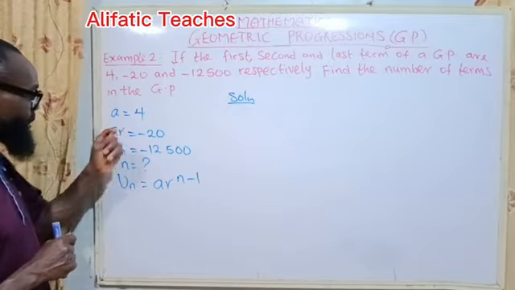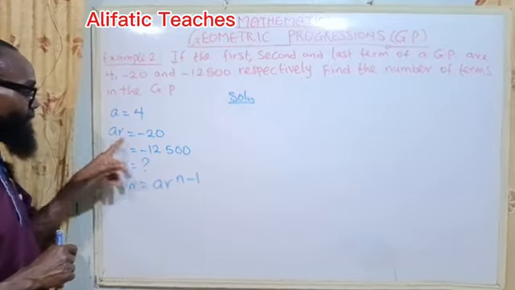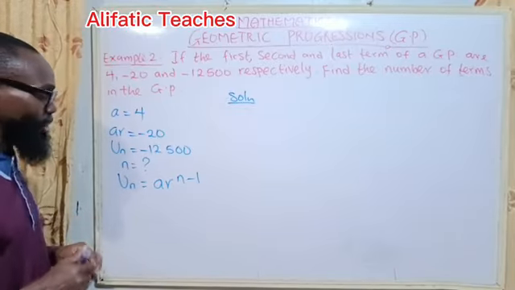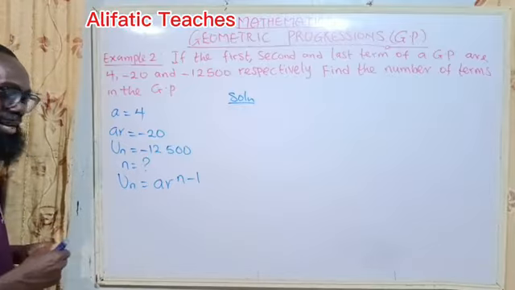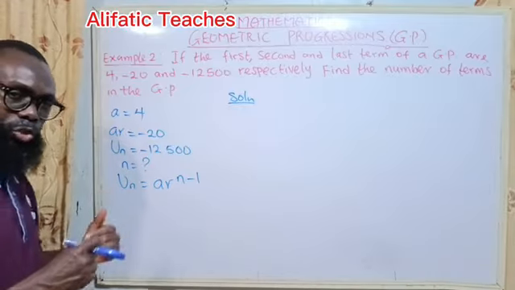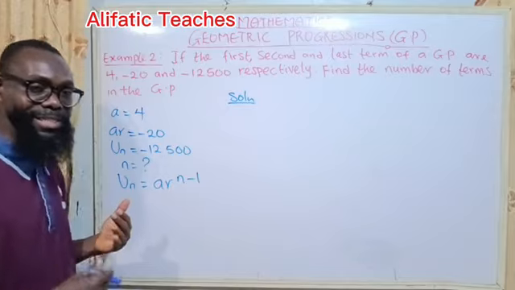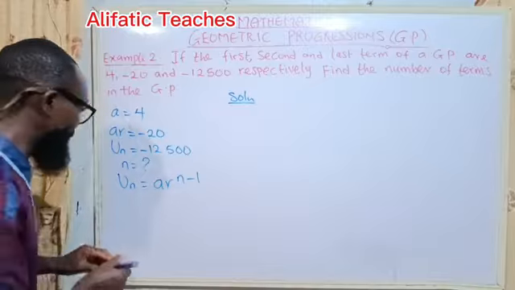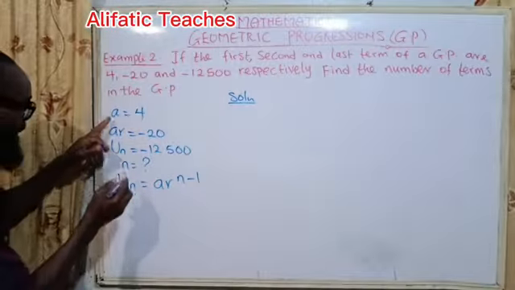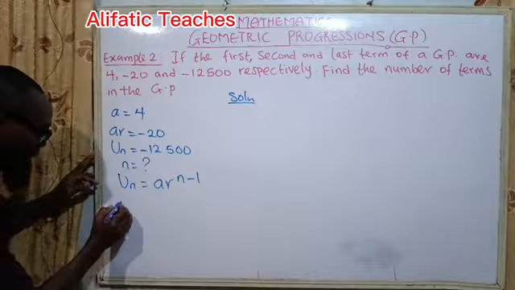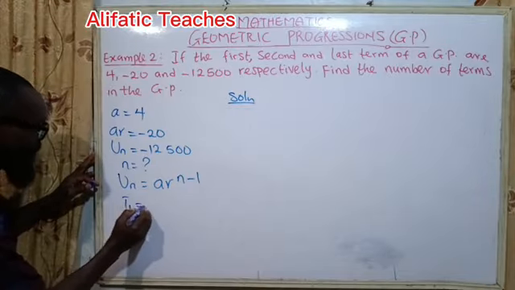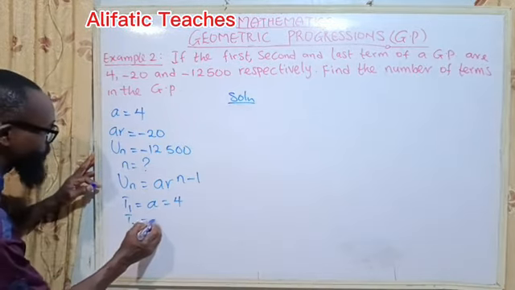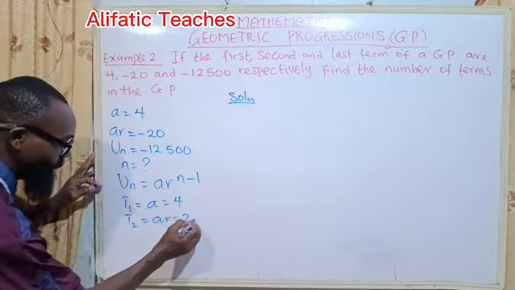Our common ratio is embedded in this ar, which is minus 20. Don't forget that to get our common ratio, it is the second term divided by the first term. So our first term T1 equals a equals 4, and our second term T2 equals ar equals minus 20.